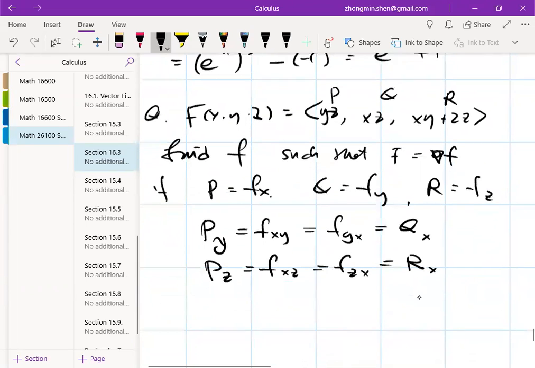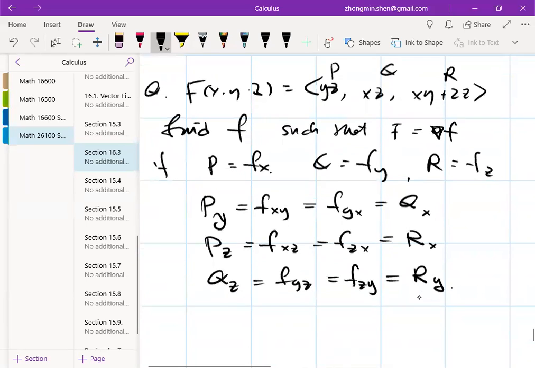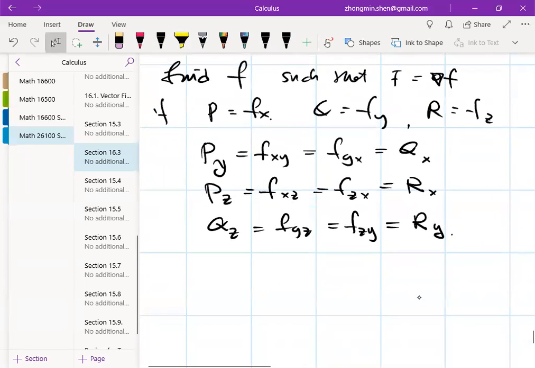Similarly, if you differentiate Q with respect to z, then you have another one: Qz is going to be Fyz, that will be Fzy, that will be Ry. So you have to check those three equations instead of one, because you have three variables.